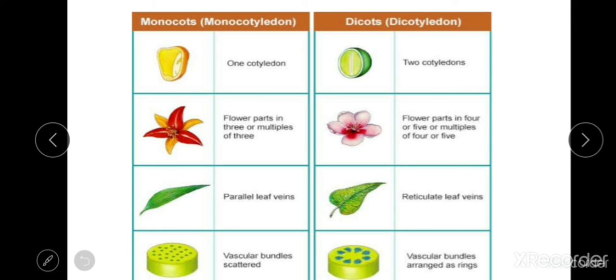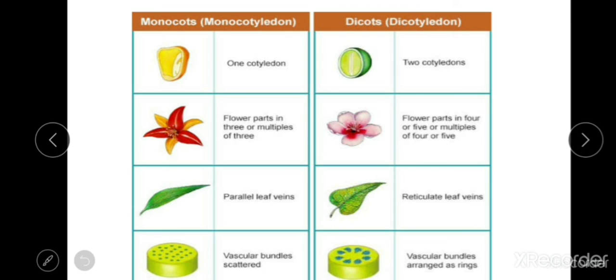In monocots, these vascular tissues are scattered. You can see it is a thin section of stem, and you can see the green dots. These green structures are vascular systems, consisting of xylem and phloem.